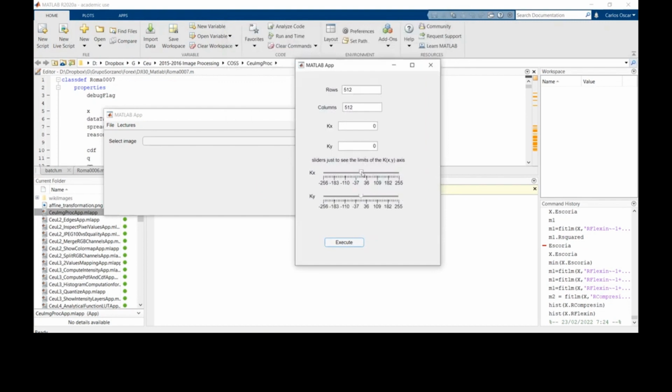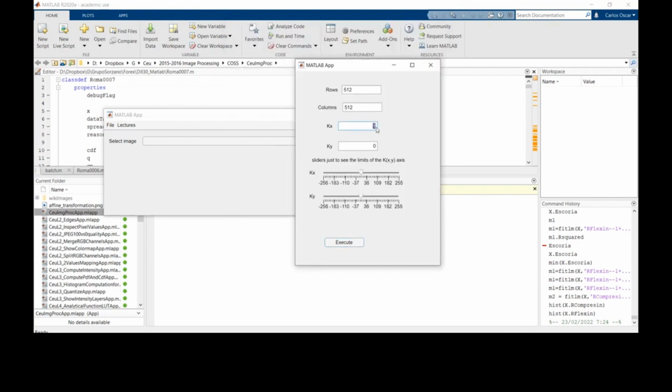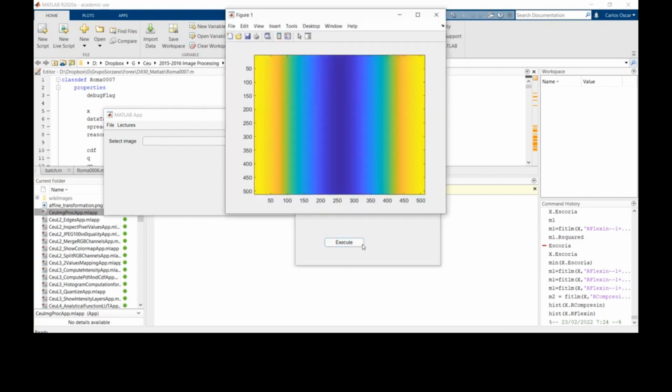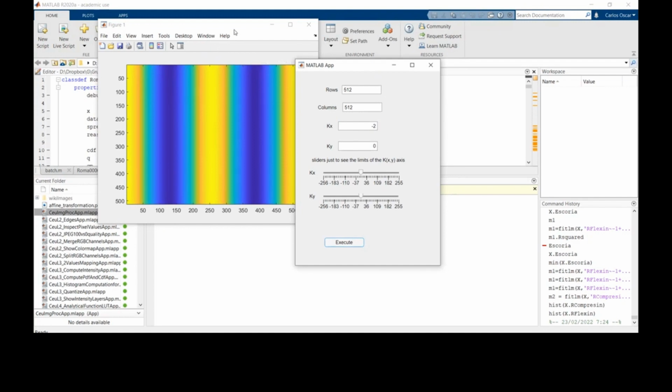Okay, what about 1, 0? 1, 0 should be 1 period here, 0 periods in this direction. What about minus 1, 0? Minus 1, 0 should be the same. They are symmetric. And what about 2? Now I see 2 periods. And you can play with this.